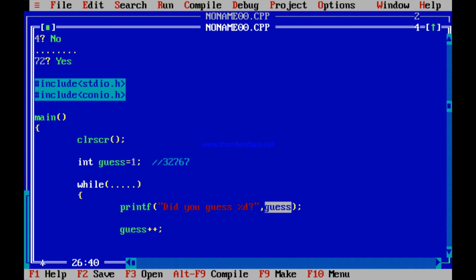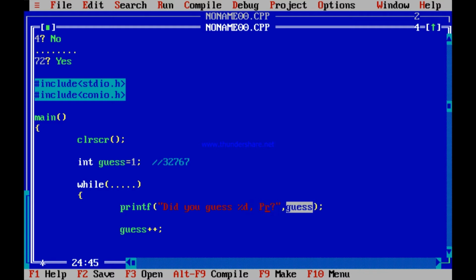But then again, I will have to check whether the user says yes or no. User will say yes or no, that is your question. So if the user says no, then you will have to increment guess. If the user says yes, then you can say you have already guessed. So did you guess %d?